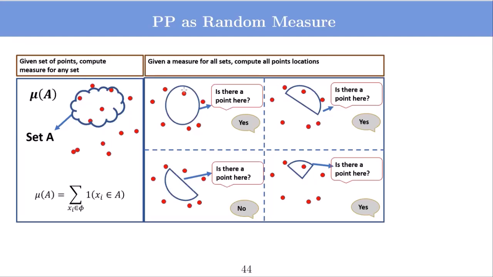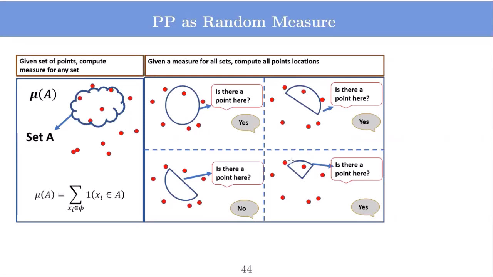If there is at least 1 point here, I'll divide this into 2 parts, take one set and ask, is there a point here? I also take the other set and ask the same question. Then I again divide into 2 parts and ask whether there is a point here or not. By dividing these sets again and again, I get a very small set.